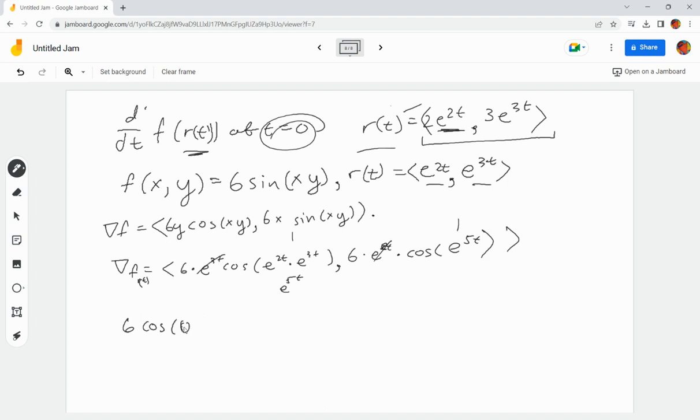It's 0, so it's 1. So comma 6 cosine 1. I might be wrong. As I said, I'm just doing homework on these things, so I might be completely wrong. Comma 3e^(3t). So as you know, these two should be multiplied by each side, so this should be 1 because it's 0, 0. So it's just 1, 1. So it's like 12 cosine.